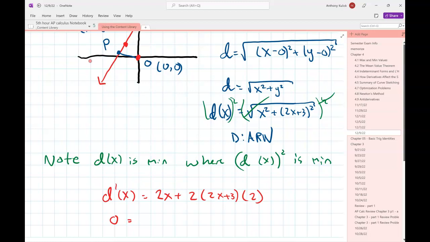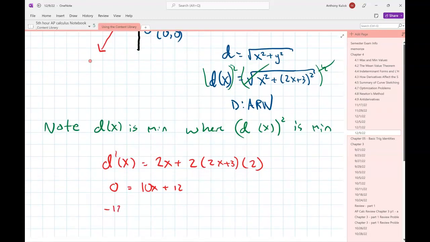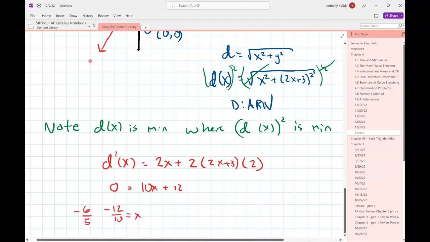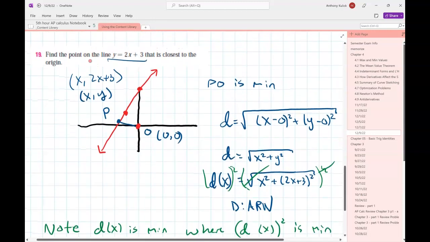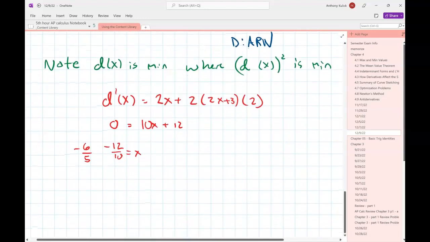So let's see, what do I got here? I got 2x plus 4, 8x, that's 10x plus 12. So I subtract 12 over and divide by 10. That'll reduce down to negative 6/5. If I look at my picture, that seems rather plausible. I'd expect a negative value to be the closest. So I like that output right there.